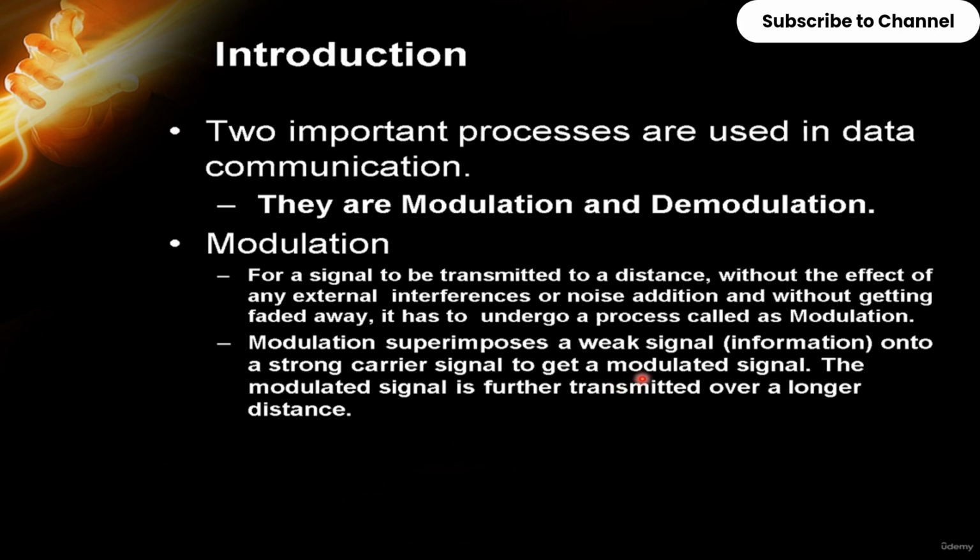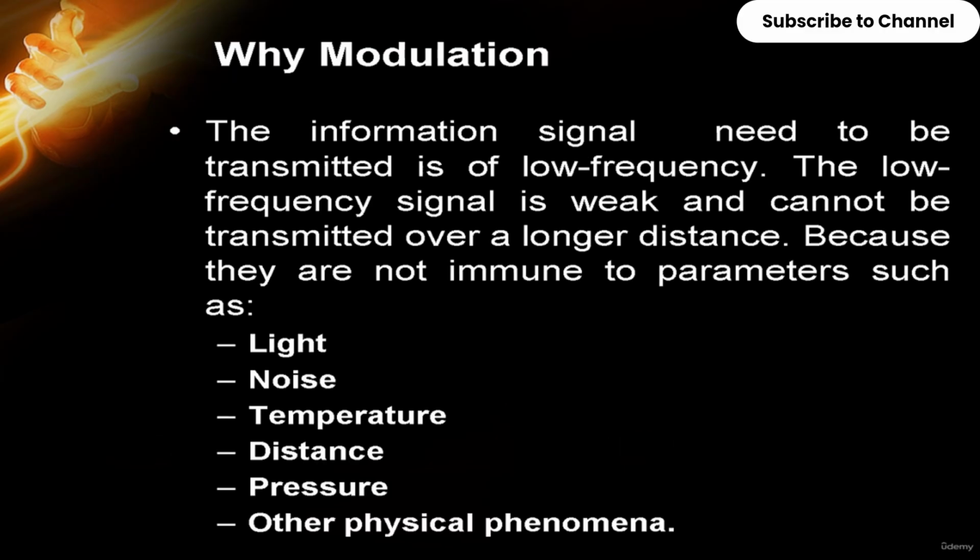A high frequency signal can travel a longer distance without getting affected by any external disturbances. Modulation superimposes a weak signal and a carrier signal, which gives a modulated signal. The modulated signal can further travel to longer distances. So why modulation? The information in the signal needs to be transmitted with low frequencies.